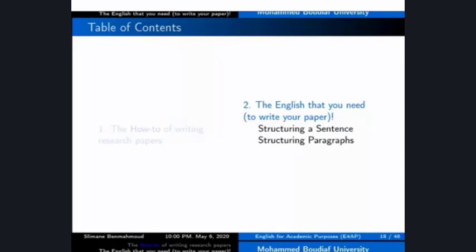Okay, she means if she has her article written in Arabic, then she is gonna translate it into English. What about the references, right? Yeah, exactly. This is the question.